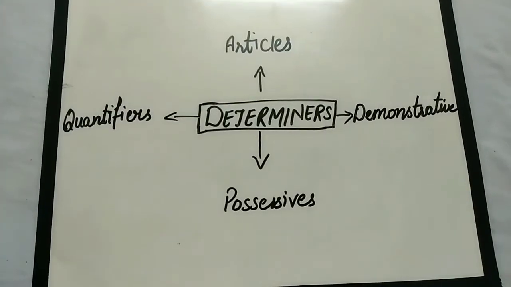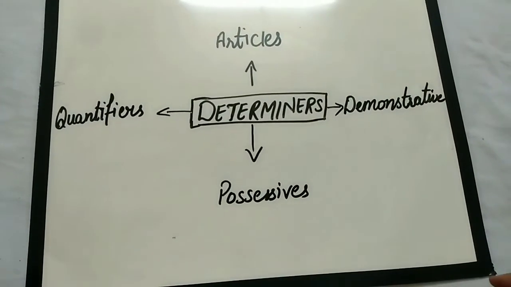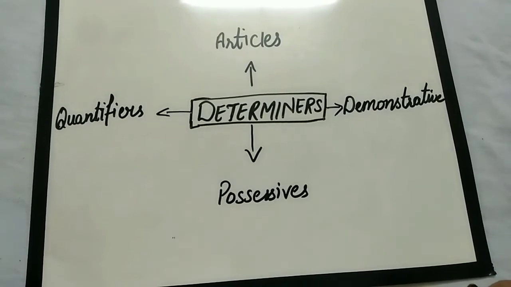The words that act as determiners belong to different parts of speech, and now we are going to learn about the different types of determiners. So now we will learn the 4 types of determiners.